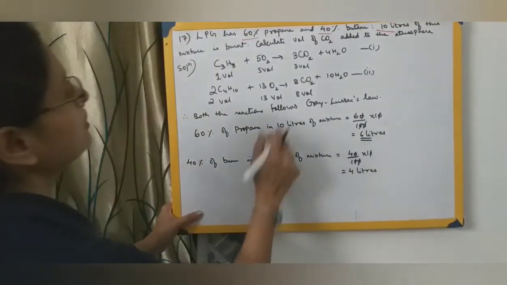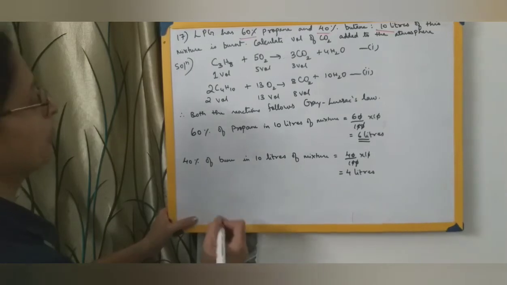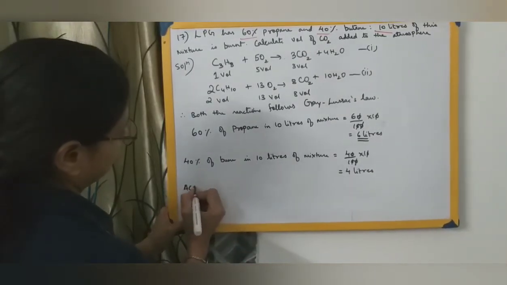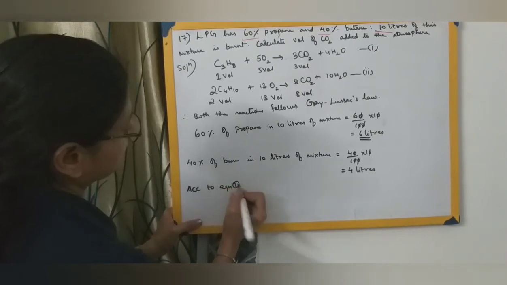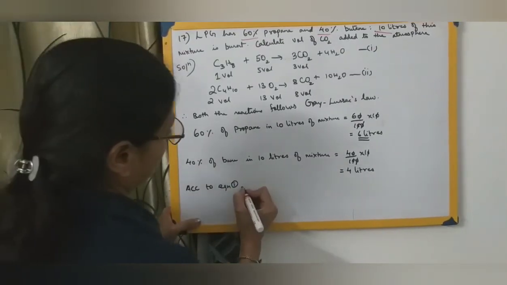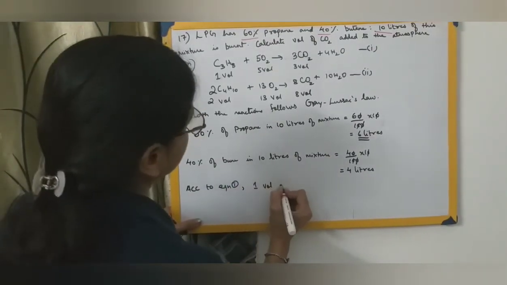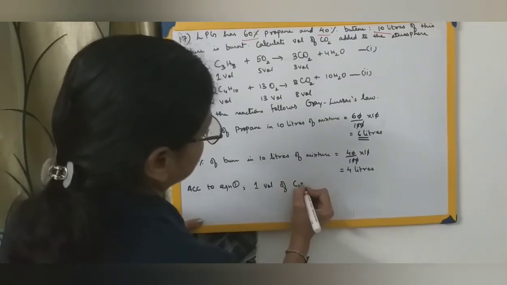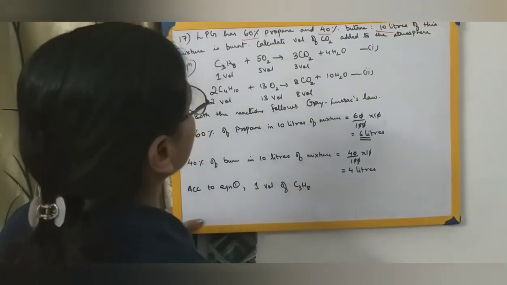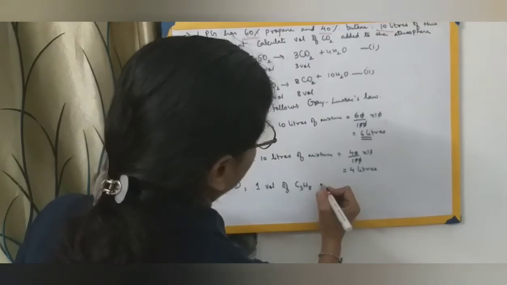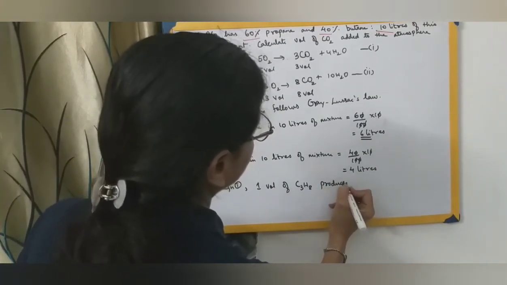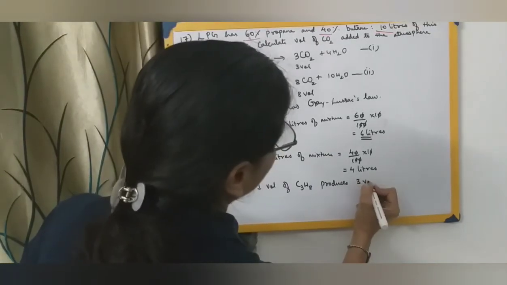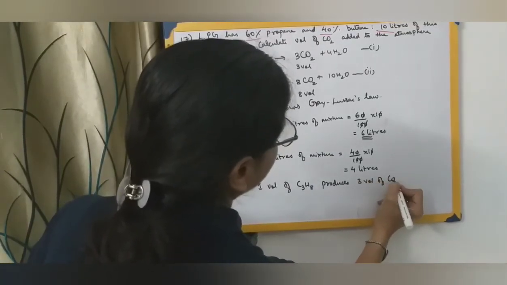Okay, now we'll come back to our reactions. According to equation 1 or reaction 1, 1 volume of propane produces 3 volume of carbon dioxide.